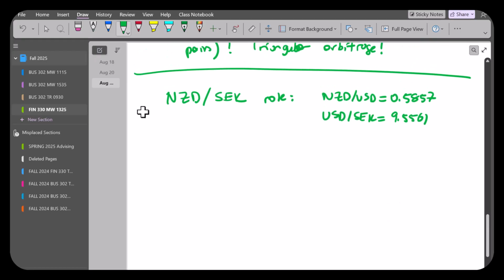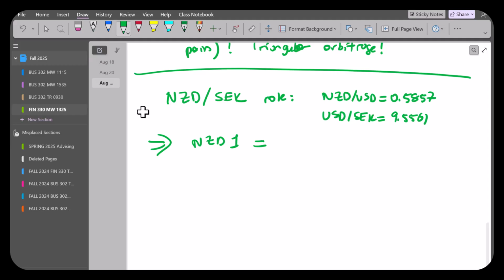So how do I go about doing it? New Zealand one. First, I need to convert that into US dollars. Well, that's easy. And then I need to convert that into SEK.